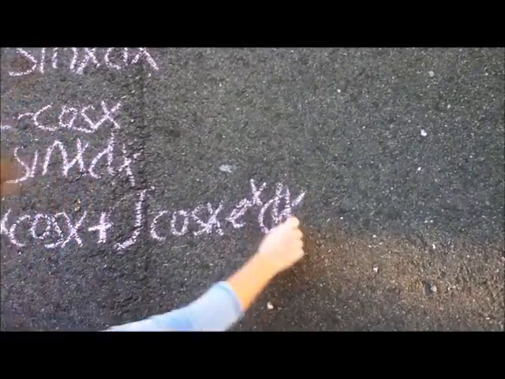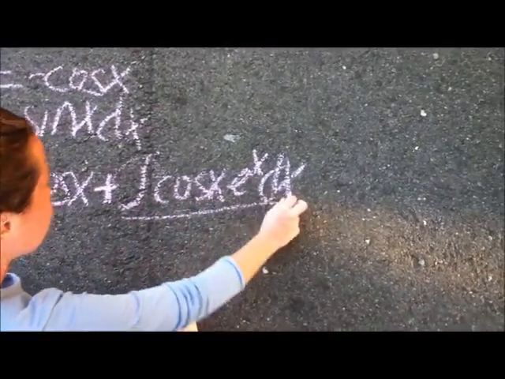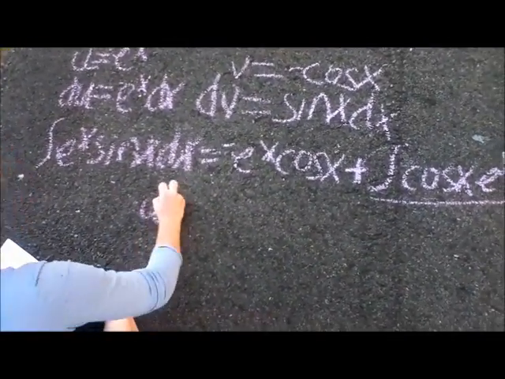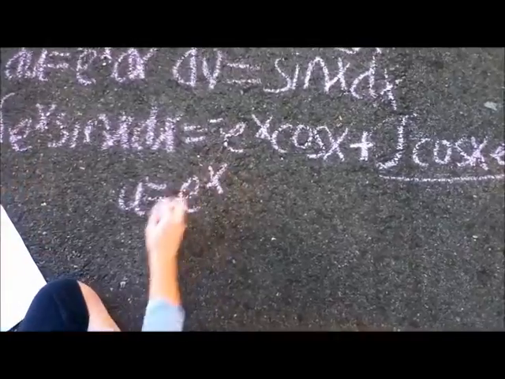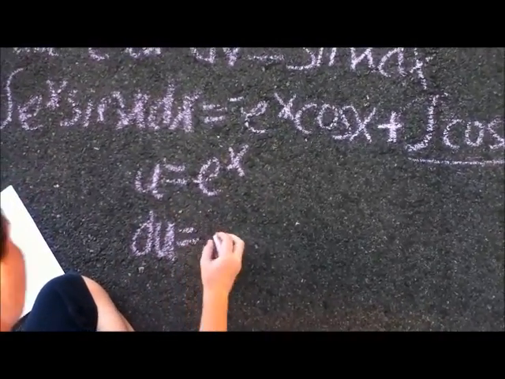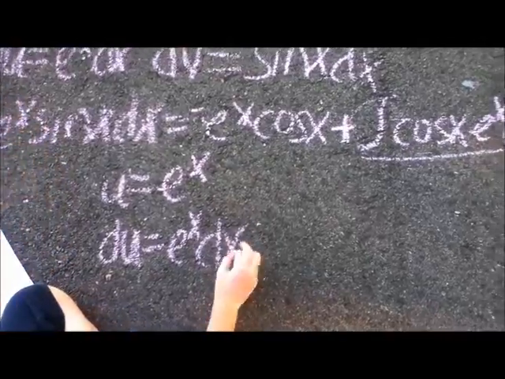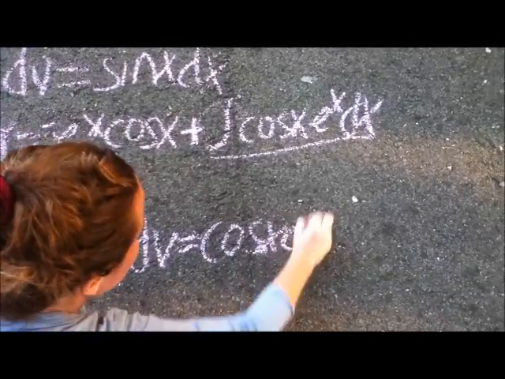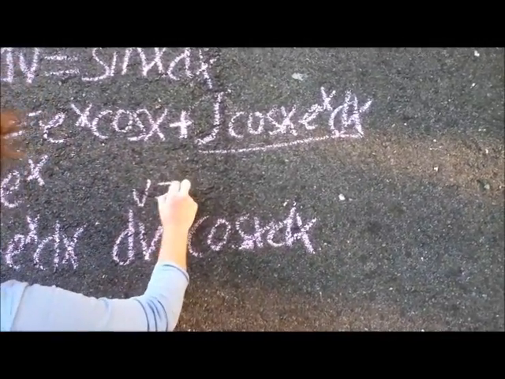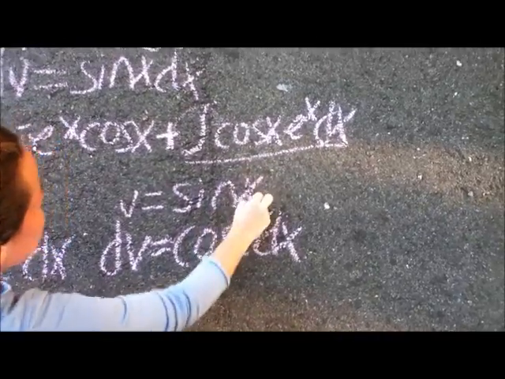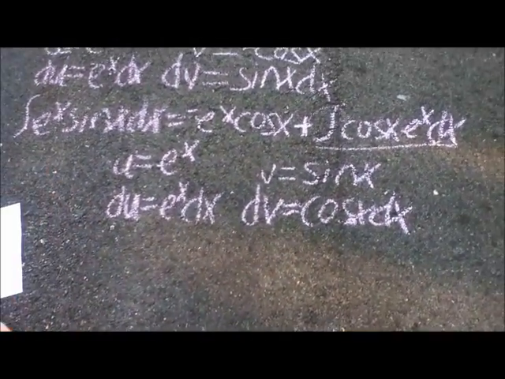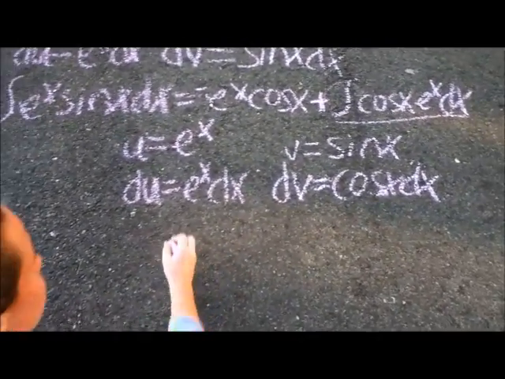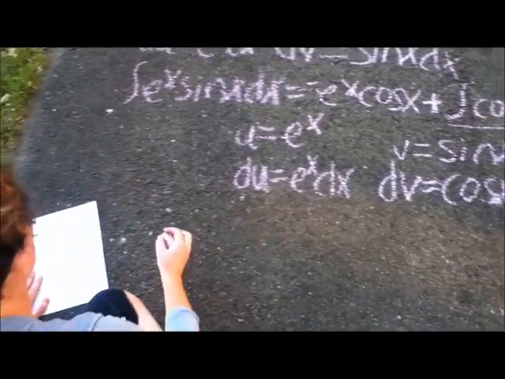Now with this integral right here, we're going to do continued substitution again. So u will equal e to the x, du will equal e to the x dx, dv will equal cosine x dx, so v will then equal sine of x. So again, we use the integral formula to find that little integral right there. We're going to start from the very beginning again.